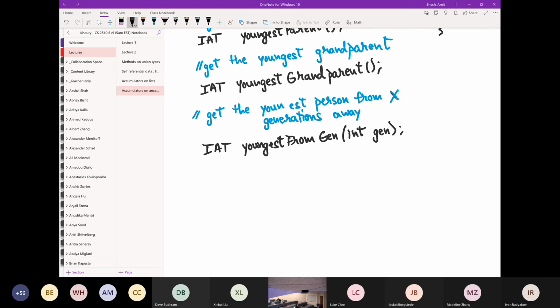So that's X, the int Gen. If Gen is 1, it means get the youngest from 1 generation away, which is the same thing as get me the youngest parent. If Gen is 2, it means get me the youngest from 2 generations away, which means the youngest grandparent. If it's 3, then it's the youngest great grandparent.